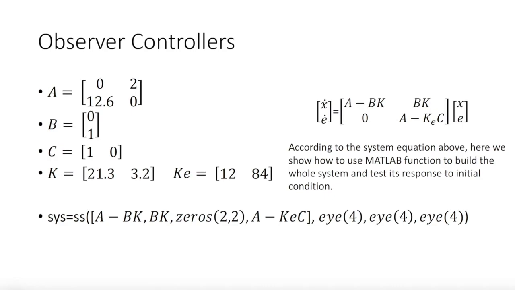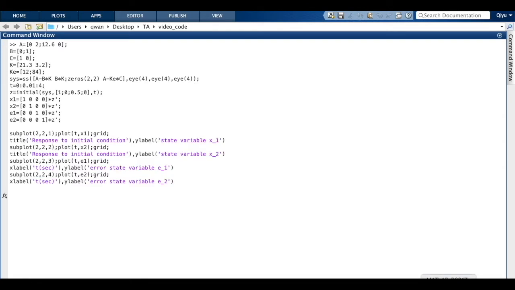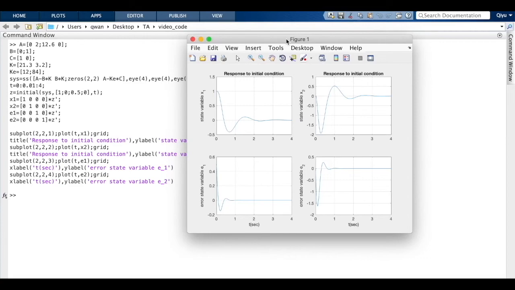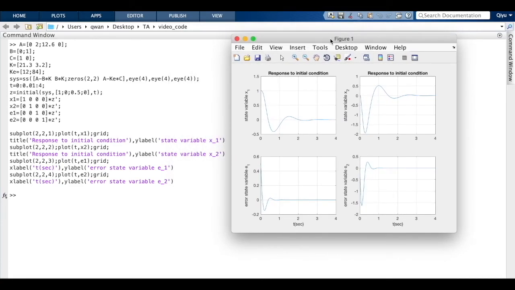This 4 by 4 matrix, for example, can be defined as A minus BK, then BK for the second element of the first row, then a 2 by 2 zero matrix, and then the next one. Here you may find the response of the system and all the states of the system. You can see that the control has been done very well.